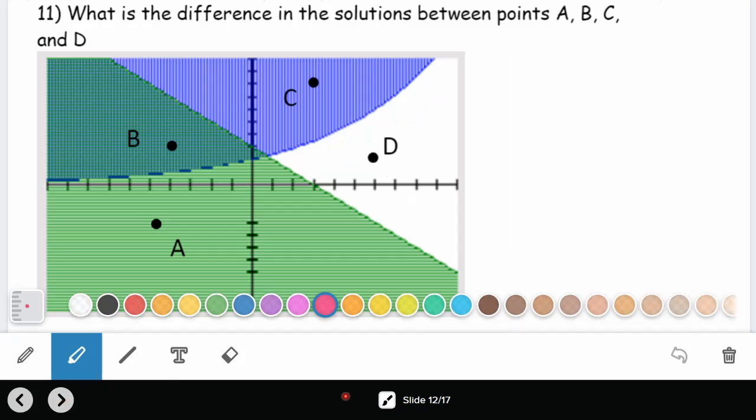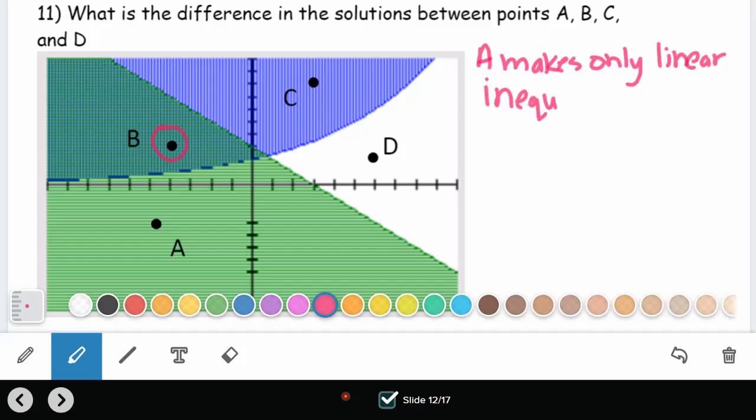Okay. What's the difference in the solutions between point A, B, C, and D? Now, first off, the answer to this system would be B, because that is where everything is shaded. Okay. So A makes only the green or the linear inequality true, because that's the green one.